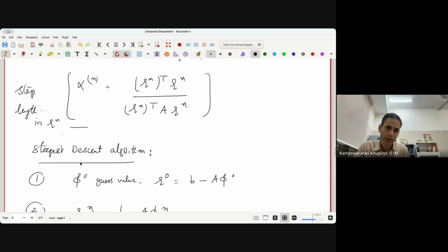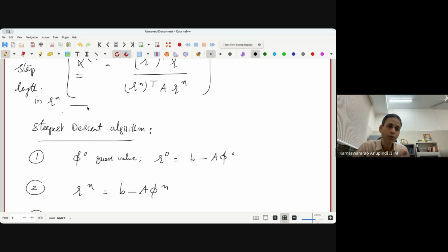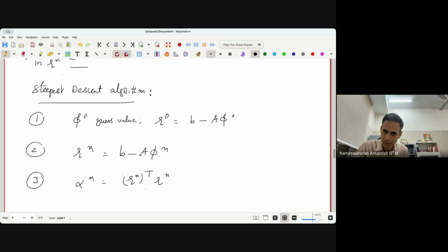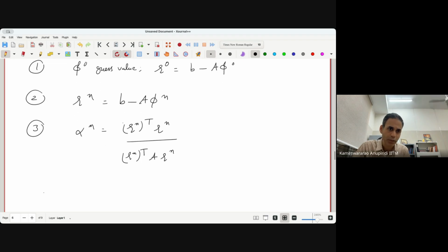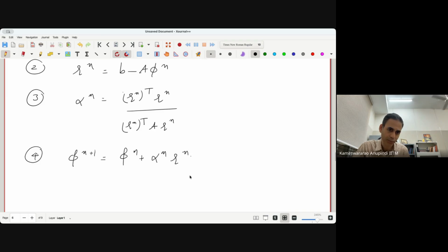Once I know Rn, the residual, it is already telling me to go in this direction. But then how much should I go? That is given by alpha n. So alpha n equals Rn transpose Rn divided by Rn transpose A times Rn. So I know the amount by which I should go. Then I simply calculate phi n plus 1 equals phi n plus alpha n times Rn.